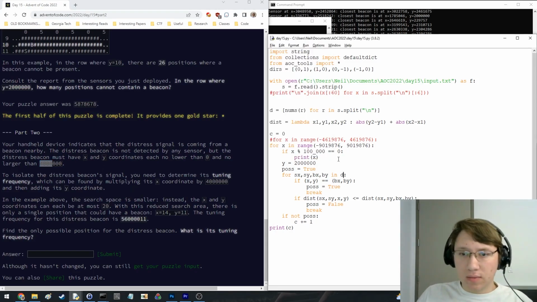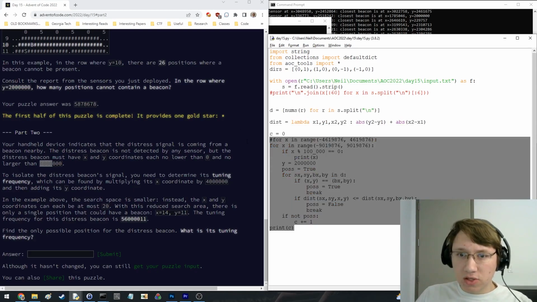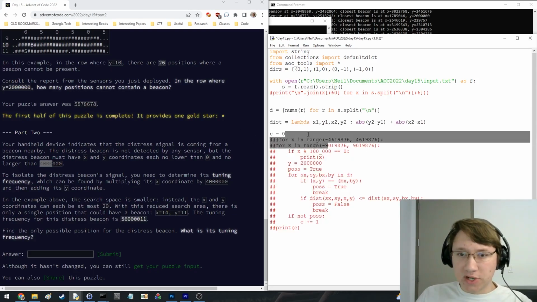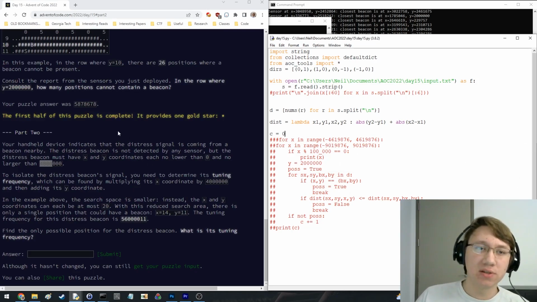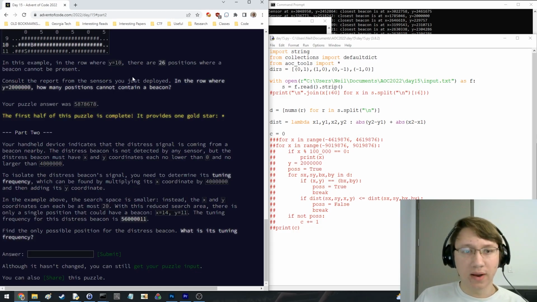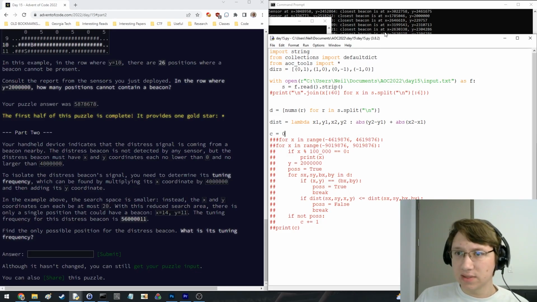Okay, so each beacon projects a sort of diamond around it of locations where it cannot be. Oh, so here's an idea. Basically, I see. Well, that's not feasible. Let me think about this.